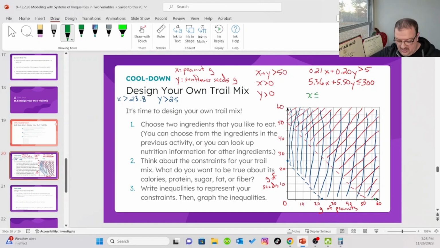My y would need to be less than or equal to 300 divided by 5.5, which equals 54.5. So right about here.